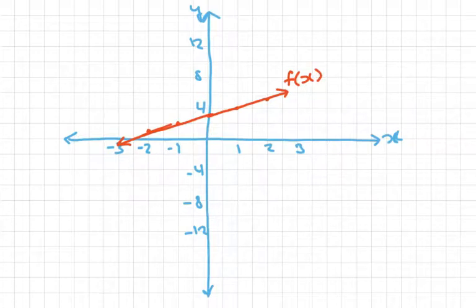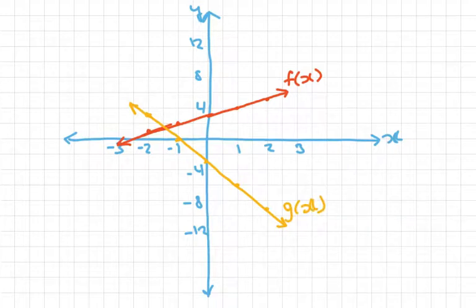Then I'll do g of x, plot those points, so -2, 3, -1, 0, 0, -3, 1, -6, and 2, -9. And then I'll connect those with a line. And label that g of x.